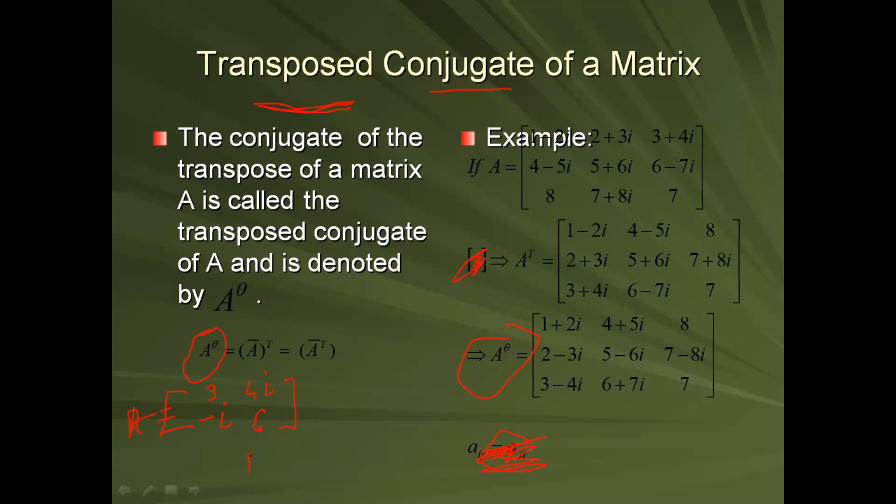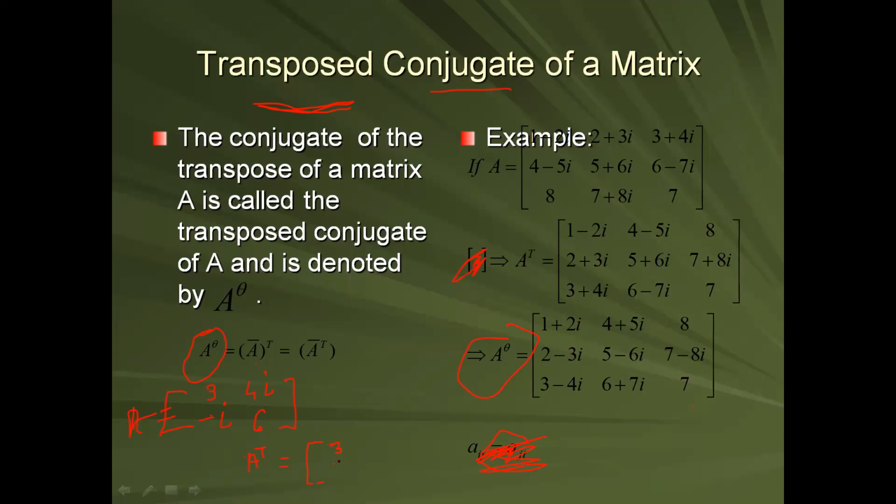I want A theta. So first I will find A transpose. What will be A transpose for this? First column, what will it be? Yes, ma'am. First column, 3, minus i.